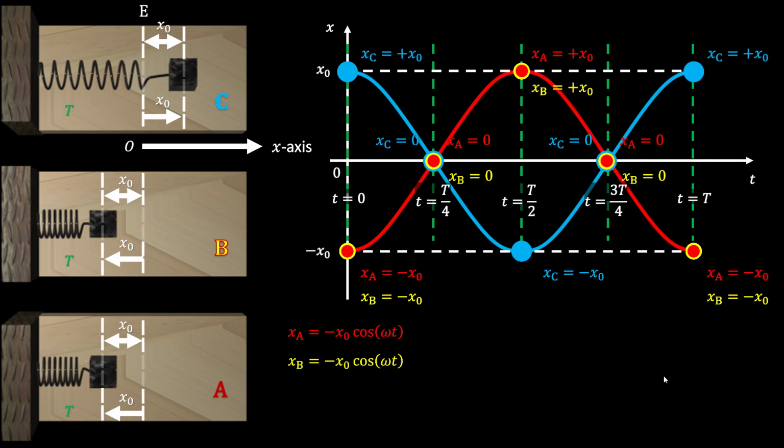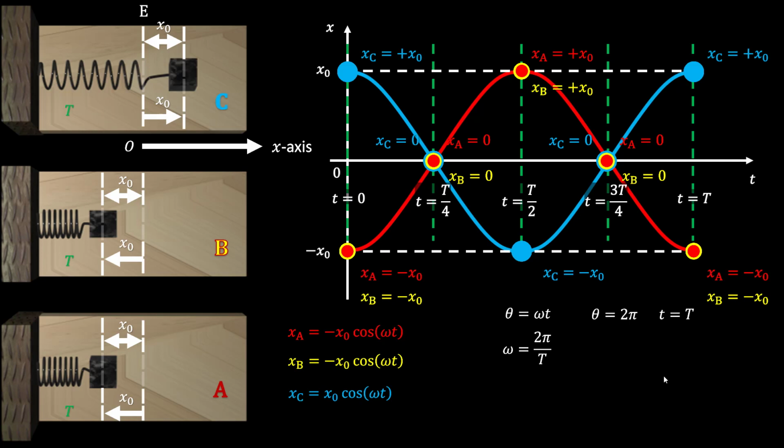On the other hand, for body C, we obtain the displacement from O with time as xC equals x naught cos omega t. Now let us write omega t equals theta, where theta is simply an angle. When theta is equal to 2 pi, t is equal to capital T, then we have omega equals 2 pi upon capital T. Omega is the angular frequency.